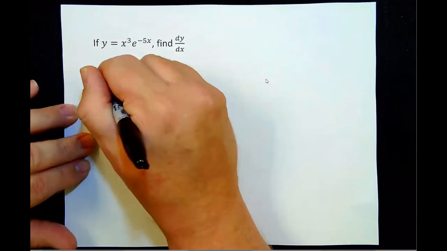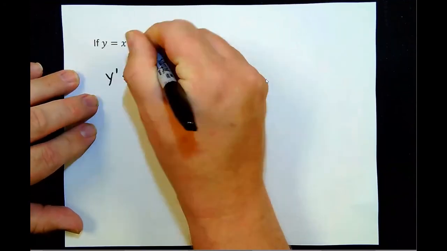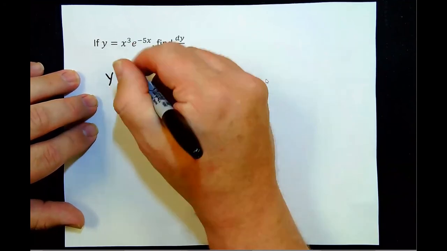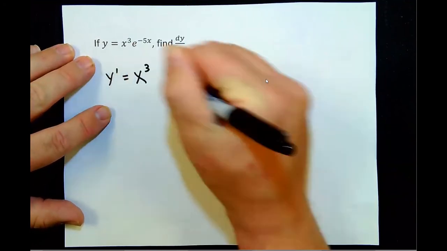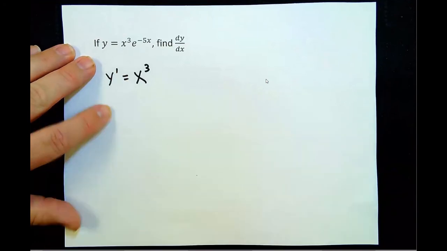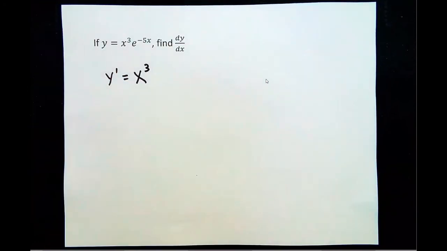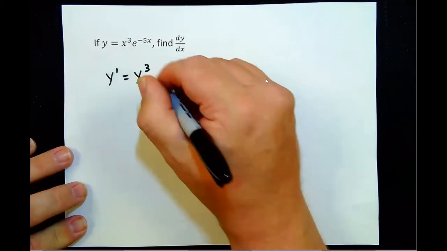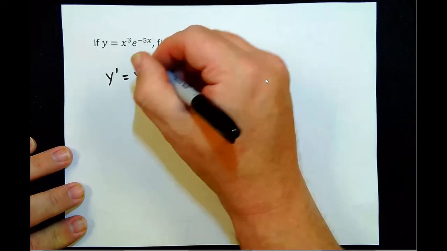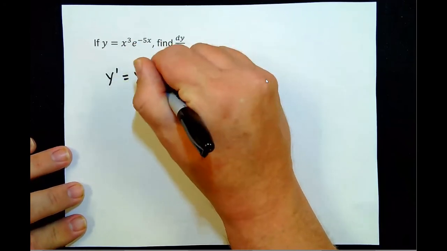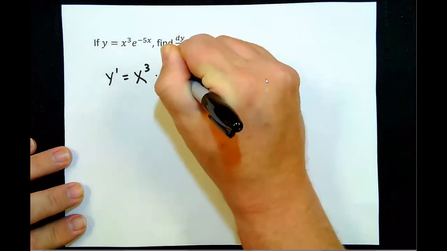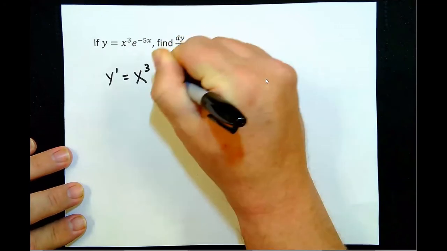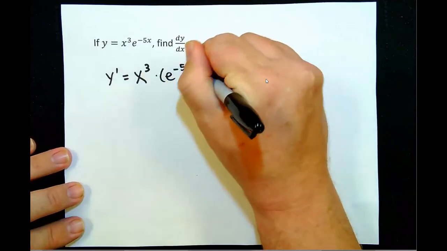Now that you have had time to do that, recognize that this is the product rule. So the first times the derivative of the second. Okay, so we have e to the negative 5x. And if we're taking the derivative of e to the negative 5x, we have to remember that this is the same thing as e to the negative 5x times du, the derivative of the inside, negative 5.